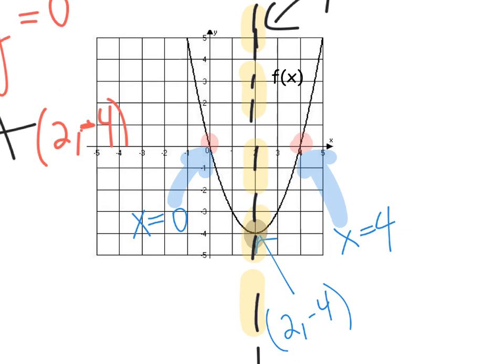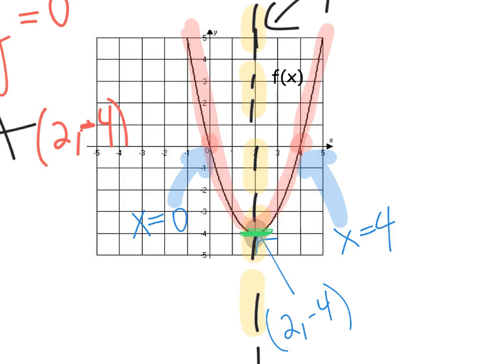There's my parabola. What is the smallest that y can be? Yeah, if we look, the smallest that y can be is at negative 4. That's the smallest y value.